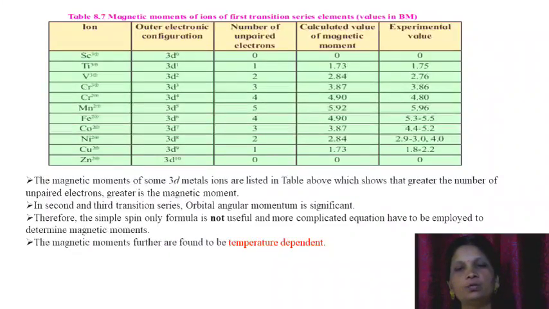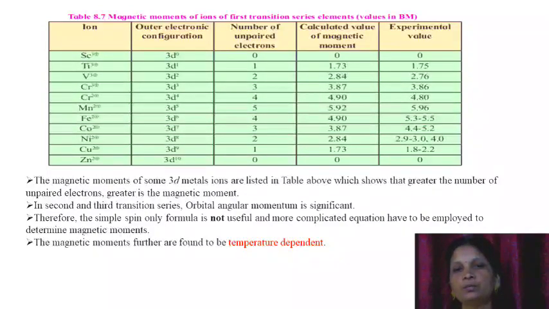Cu+2 is having the outer electronic configuration 3d9, so one unpaired electron is there, and it shows the magnetic moment calculated 1.73 Bohr magneton, experimental values 1.8 to 2.2. Zn+2, of course it is having the outer electronic configuration 3d10, that means number of unpaired electron is 0, calculated value of magnetic moment is 0, experimental value is also 0. So Sc+3 and Zn+2 having the diamagnetism or no magnetic moment at all.